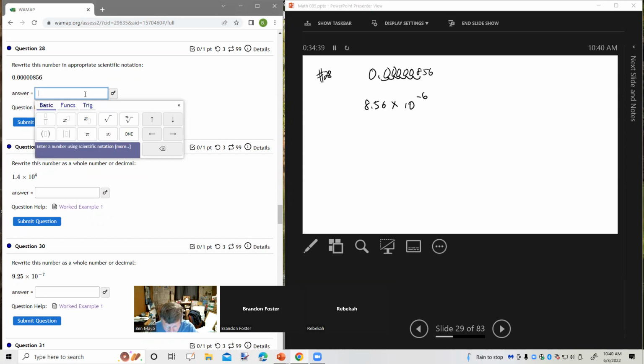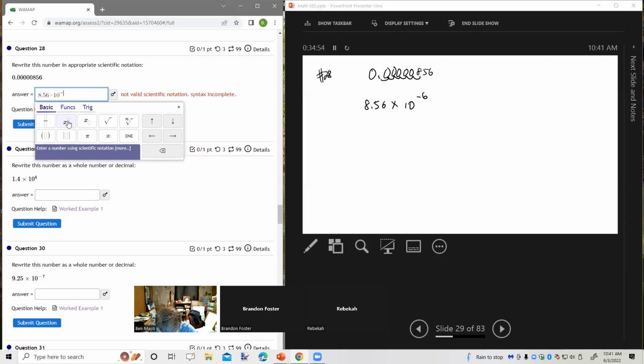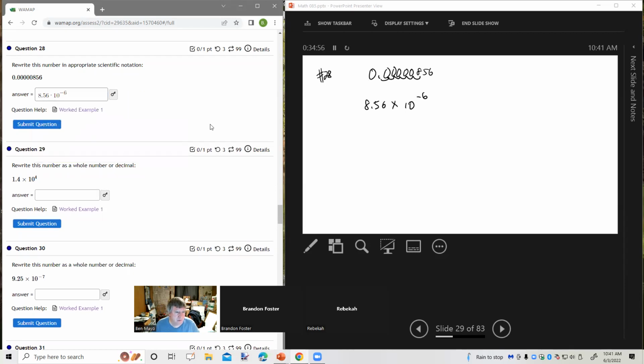So 8.56, and then shift 8 times 10 to the -6th power.